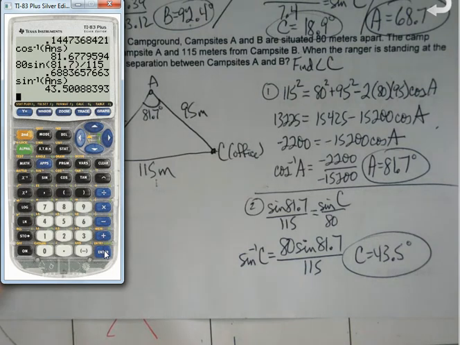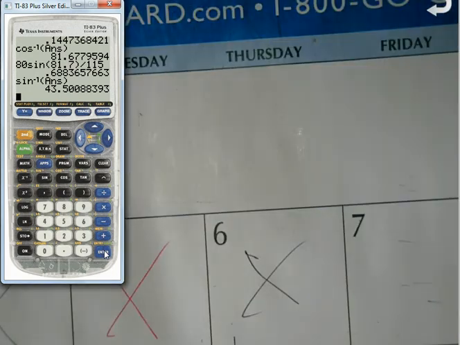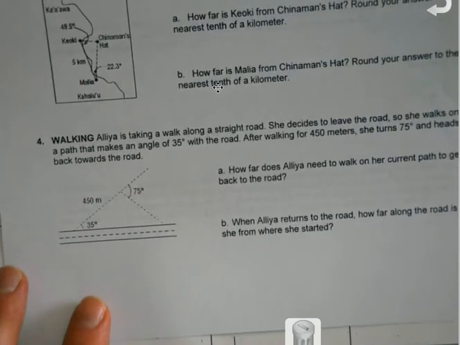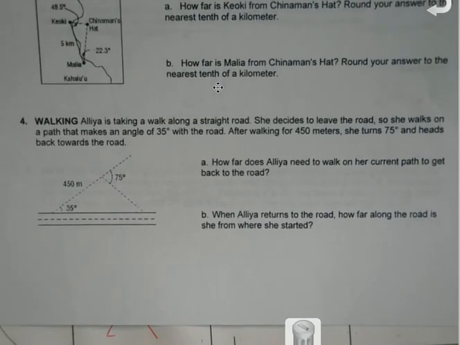So a couple of hints on helping out with the packet itself. It starts with the Law of Cosines applications. I want to make a couple of mentions here. One of them is on number 4 at the bottom of that first page.